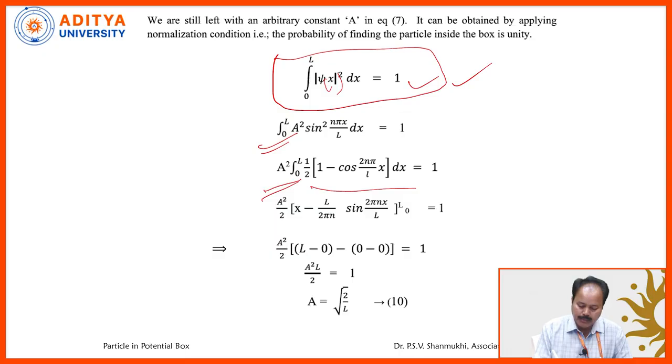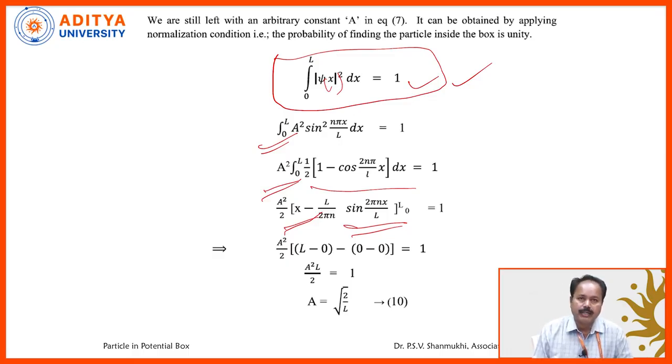Again, integral dx means x, and integral of cos theta is sin theta. Therefore we get sin(2 n pi x / L) divided by (2 n pi / L), with limits 0 to L.